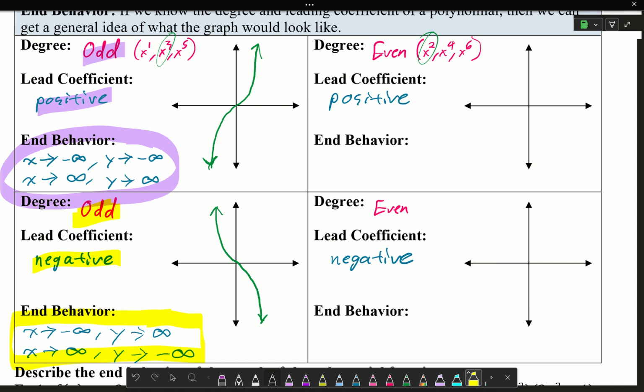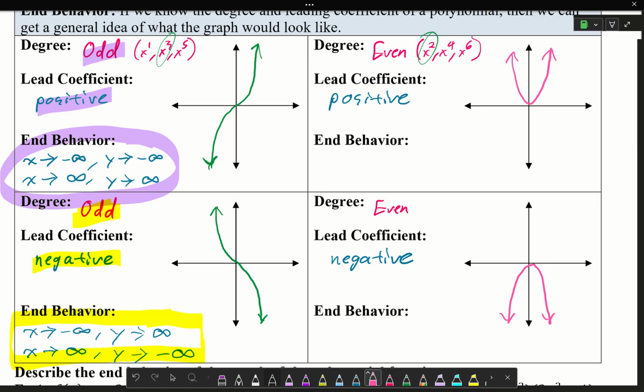All right, so what about if we have the even degrees? I'm going to pop in a quick sketch of a quadratic here. There we go. That would be a second degree. And a negative version down below.